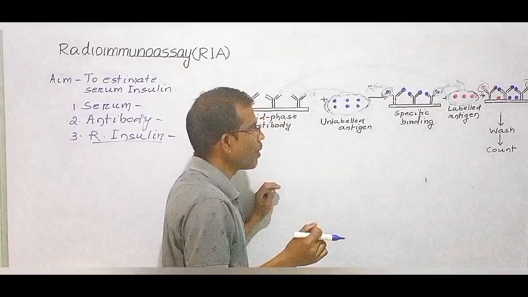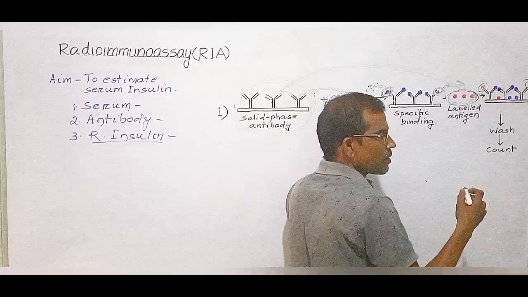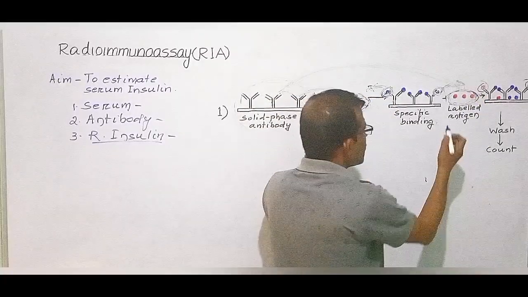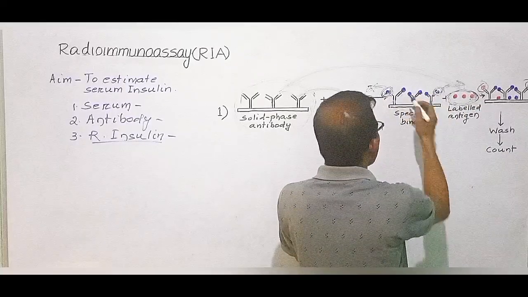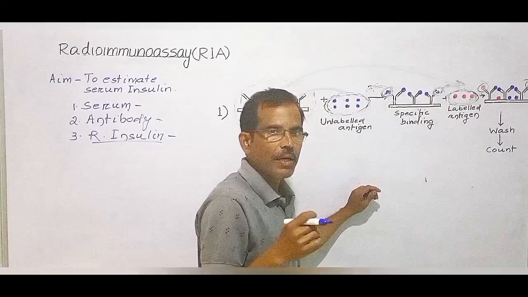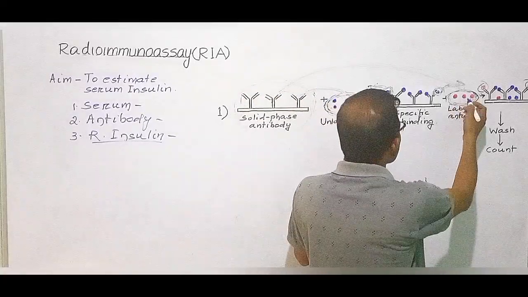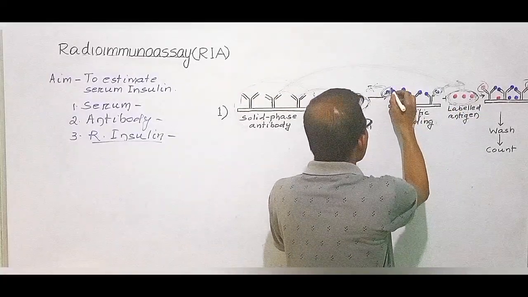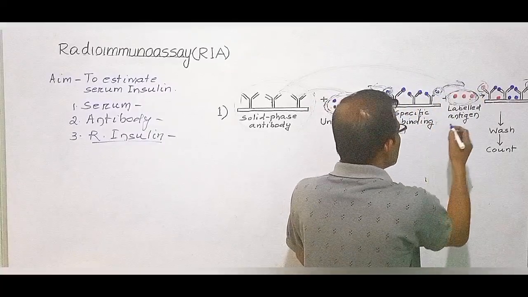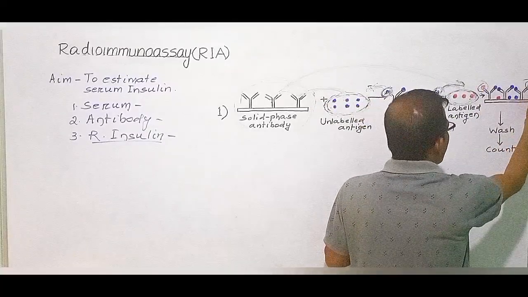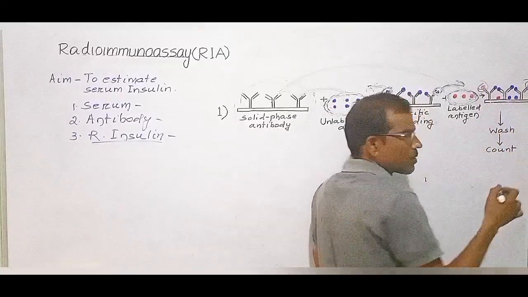This is followed by the addition of radiolabeled antigens. As a result, the radiolabeled antigens will compete with unlabeled antigens for binding with antibodies. As a result of this competition, some of the unlabeled antigens will be displaced and the exposed binding sites will be occupied by the radiolabeled antigens.